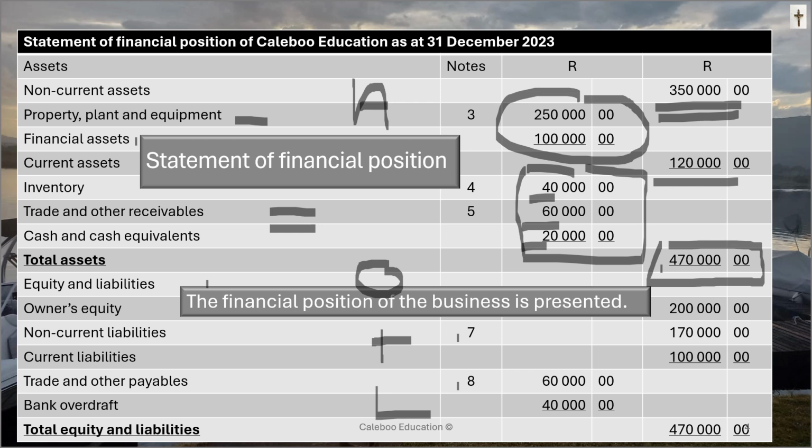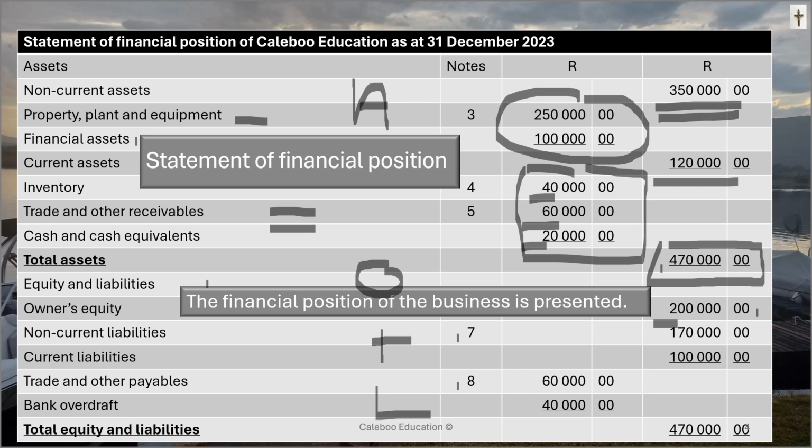Now that is equal to owner's equity of 200,000, which in this case here is only the profit made from the financial year. Owner's equity can include capital, drawings, and the profit or loss.